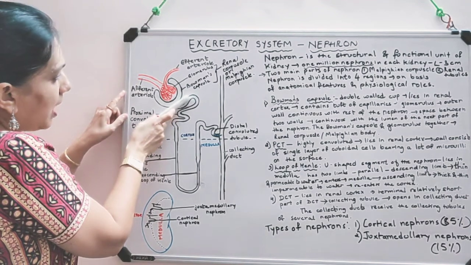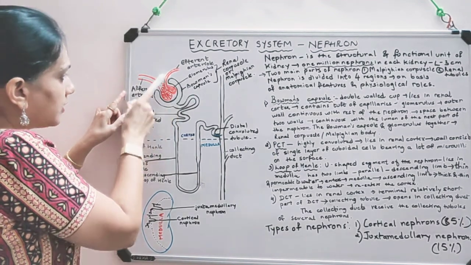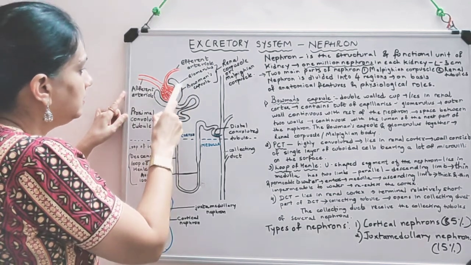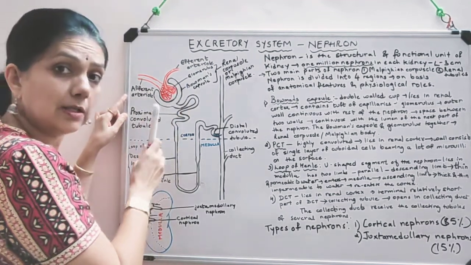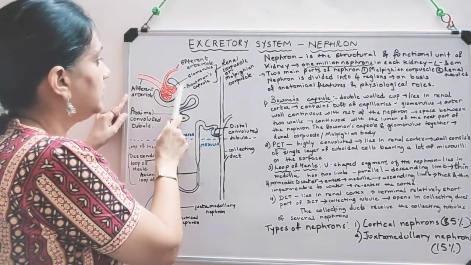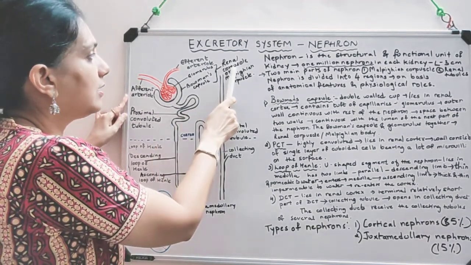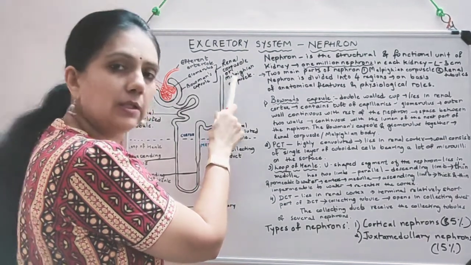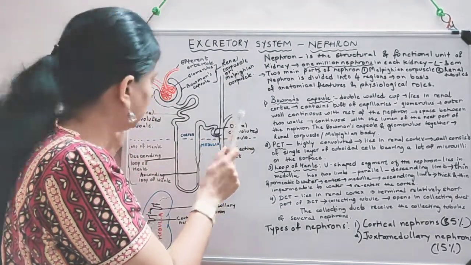The one above the tubule, the red portion, that is glomerulus, and this cup-shaped structure, that is Bowman's capsule, together are called renal corpuscle or Malpighian body or corpuscle.